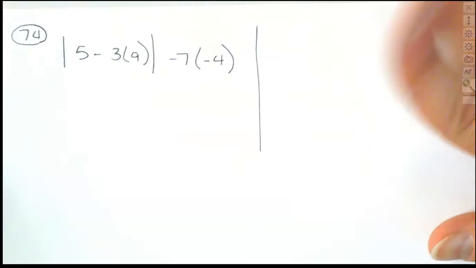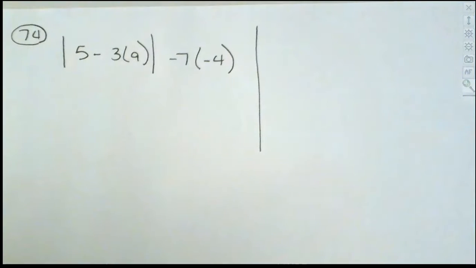What I'm going to look at first is what's inside my absolute value, because that's my first step. Absolute values are first. So order of operations, what do we got? Absolute value, square bracket, parentheses, first. Then we move on to exponents and square roots, which we don't have. Finally, multiplication, and addition, subtraction at the very end. So we're going to follow our order of operations.